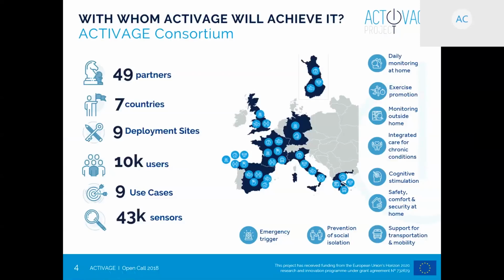And the idea is that we would like to create evidence about 9 different use cases, which are focused on 4 different areas. The first one is living safe at home. The second focuses on living outdoors with freedom. Promote social connections, and finally prevent mental disease and taking care of disease.